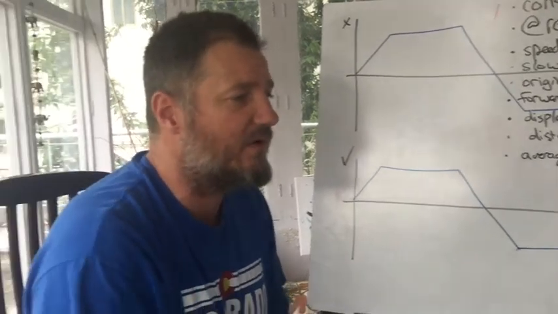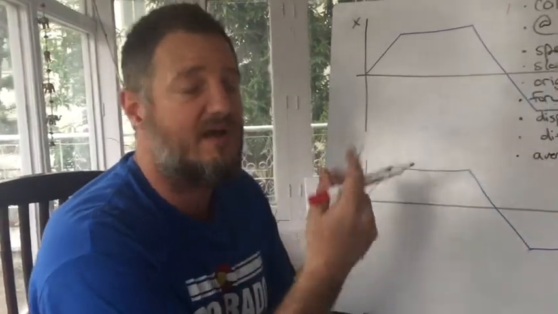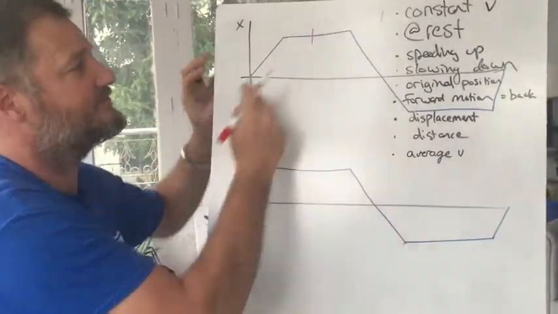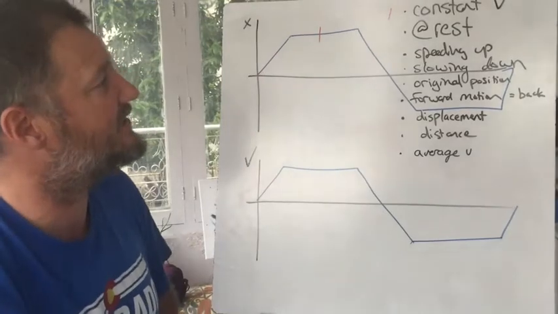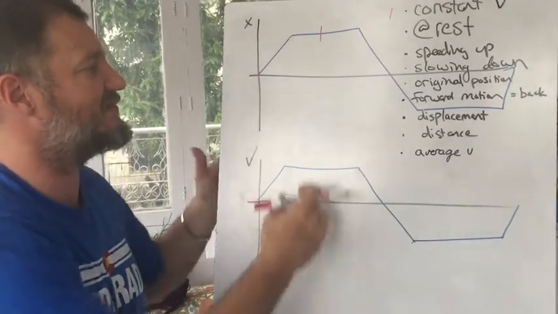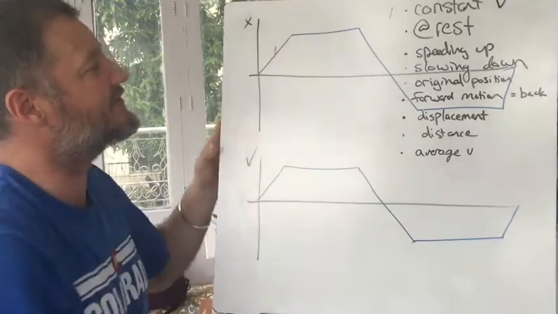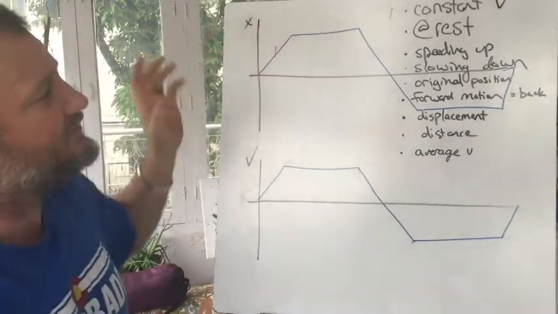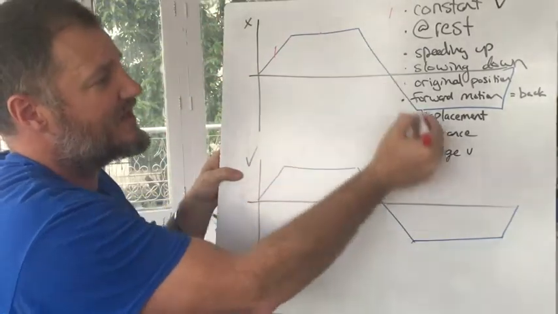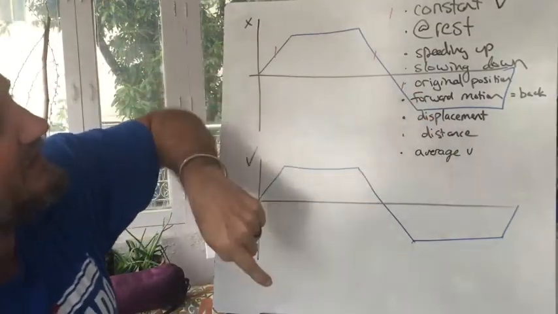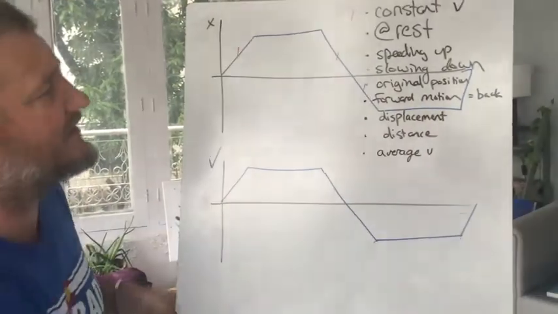You should be able to determine where the velocity is constant in both of these graphs. The velocity is constant here because the object is, oh, that's a mistake. I made the exact same mistake. The velocity is constant here because you have a constant slope. And the velocity is constant here because you have a continuous slope. And you have a constant velocity here.